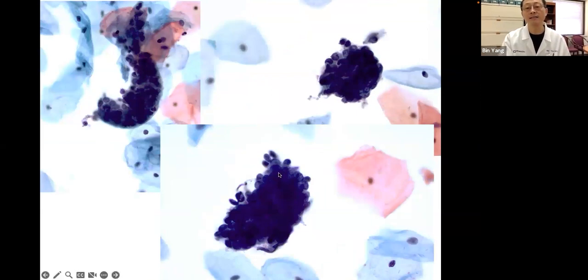To start to see a little bit of feathering, you have to use your imagination. And here each group is not feathering. Most cases in my experience are not that perfect.